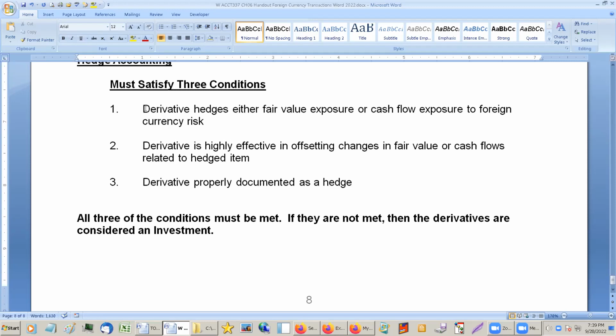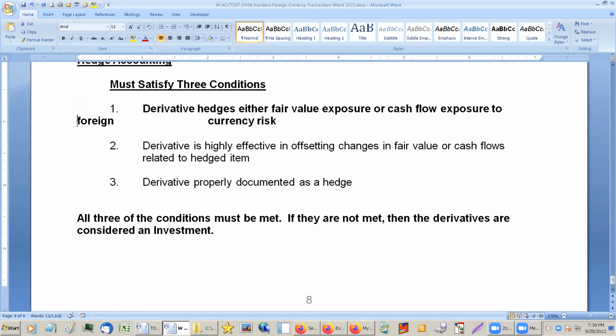It has to, and these are the two methods they use here, we're not going to get into the details on these, but there's either the fair value method or the cash flow method. So either it protects your fair value or the cash flow.